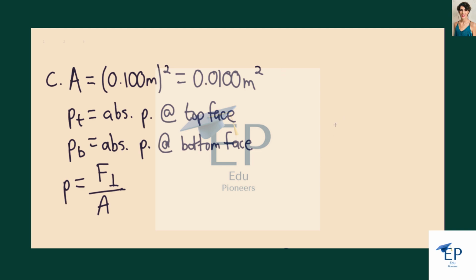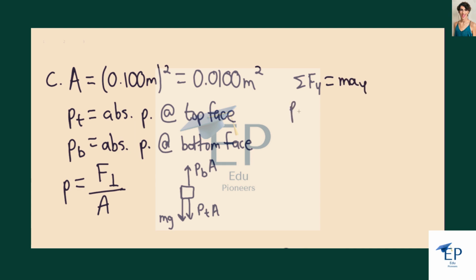We can then draw a small free body diagram. Going straight up would be P sub B times A. Going straight down would be P sub T times A. And then going straight down would, of course, be the weight of the block. And so we can apply Newton's second law in the y direction.